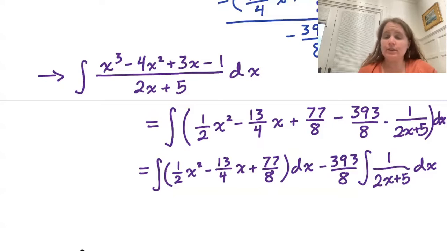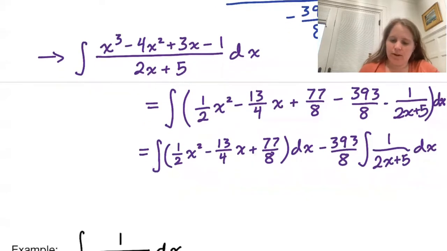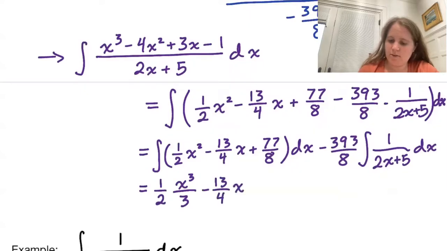So this first integral, we will just have 1/2 and then x cubed divided by 3, raise the power, divide by the new power. Then we have minus 13/4 x squared divided by 2. And then we would have plus 77/8 x.